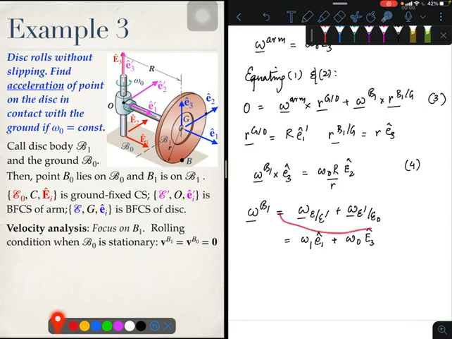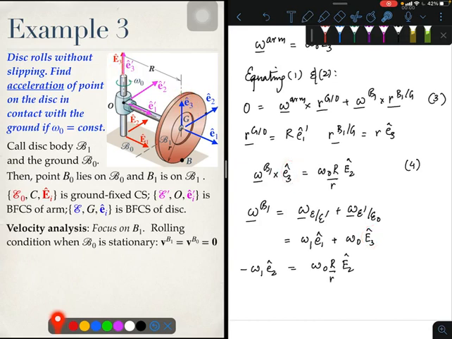I will now take this formula and I will put it in here, and the only unknown is now omega 1. When I simplify, I will get minus omega 1 E2 should be equal to omega 0 R by r capital E2, because capital E3 cross small e3 is 0 at the current moment.